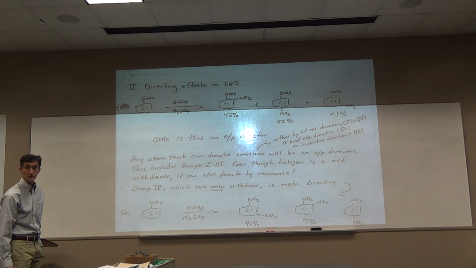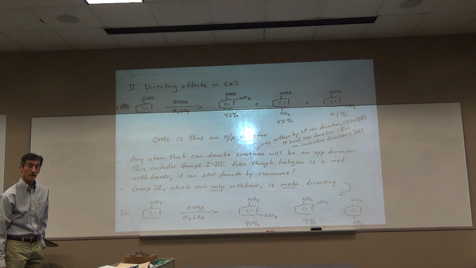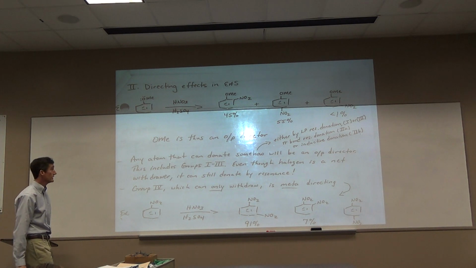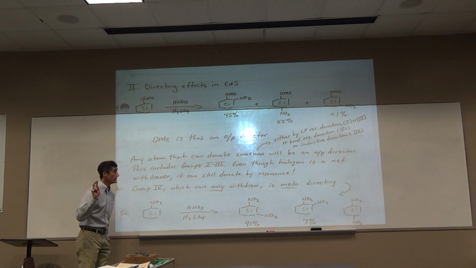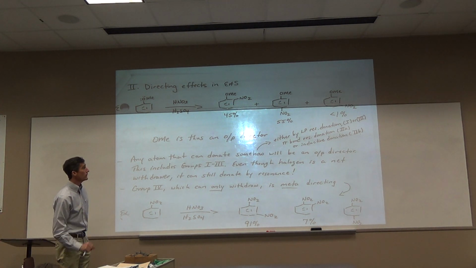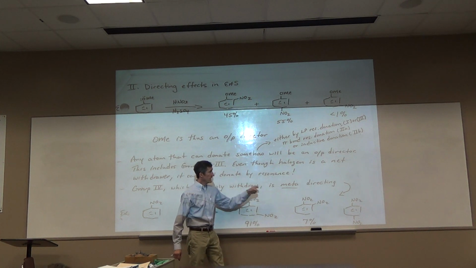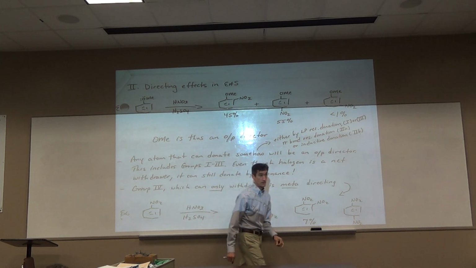Halogens. Can a halogen donate? Yes. Is that its predominant effect? No. They can donate. Doesn't have to be the predominant effect. Groups 1 through 3 all donate. Those are all going to be ortho-para directors. Group 4, which can only withdraw, is a meta director.